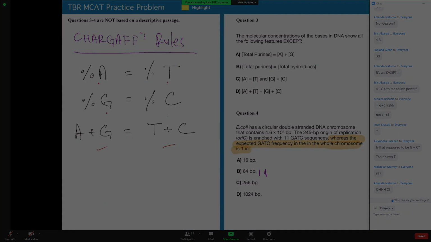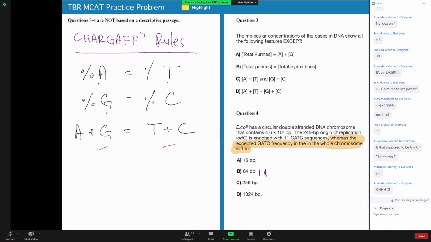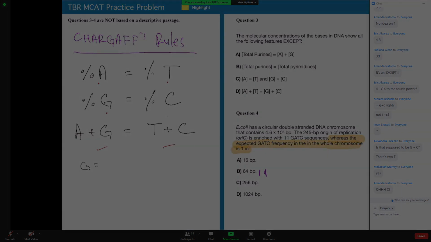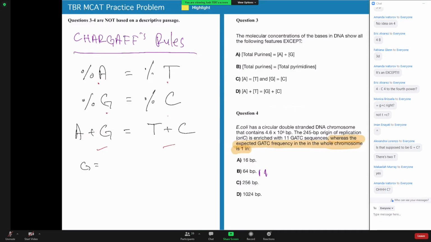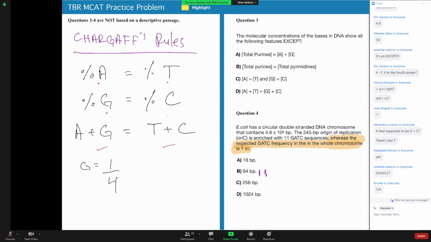So what is the expected frequency of G to pop up? There's only 4 nucleotides, so there's 1 in 4. What about for C? 1 in 4. What about for T? 1 in 4. What about for A? 1 in 4.